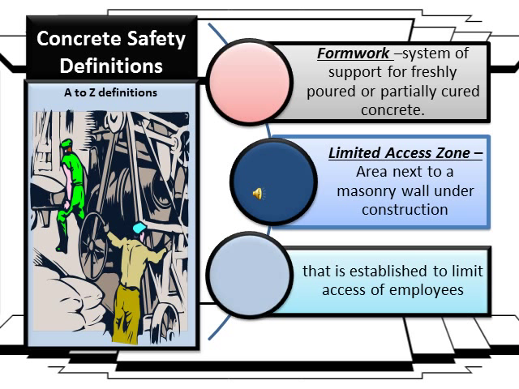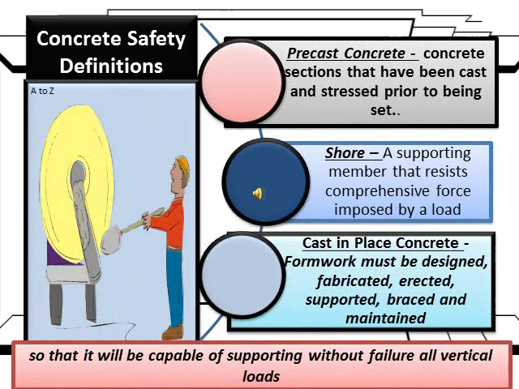This is an area next to the masonry wall under construction that is established to limit the access of employees. Precast concrete. This is concrete sections that have been cast and stressed prior to being set. Shore. This is a supporting member that resists compressive force imposed by a load.